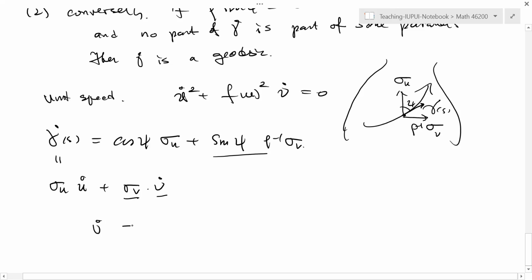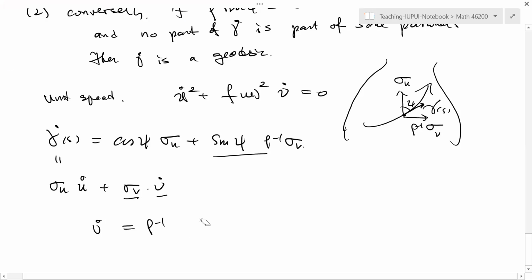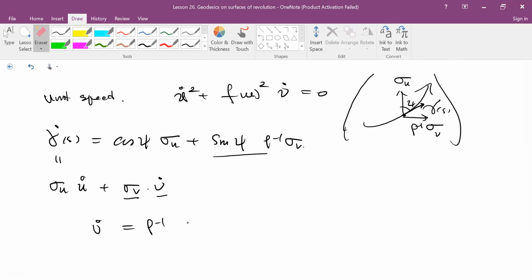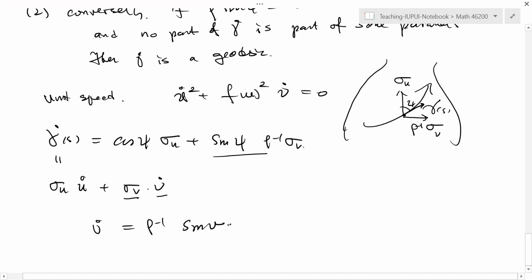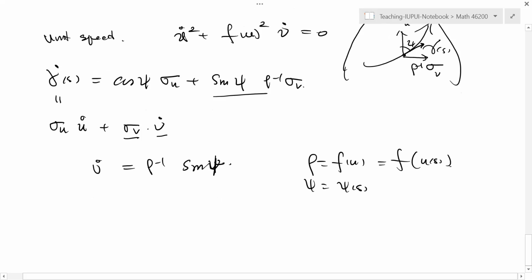So v dot equals sine phi over rho. Yeah, you see, rho is f of u, but f of u is also a function, and phi just depends on the function. So this is the identity.